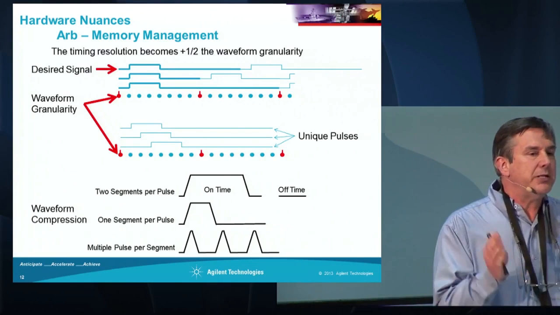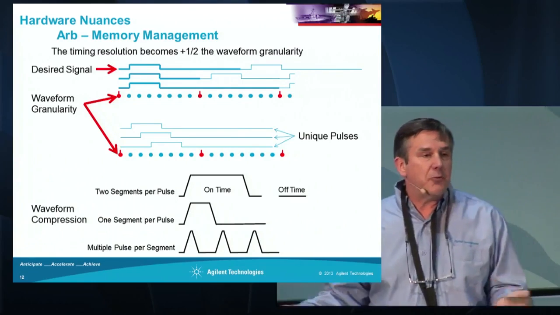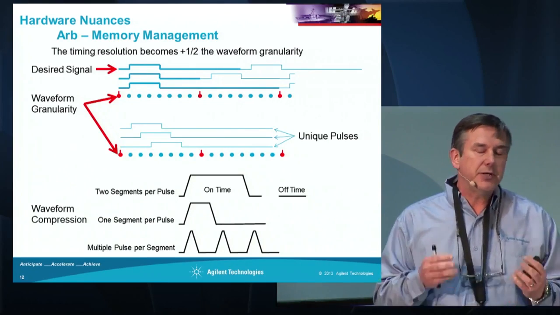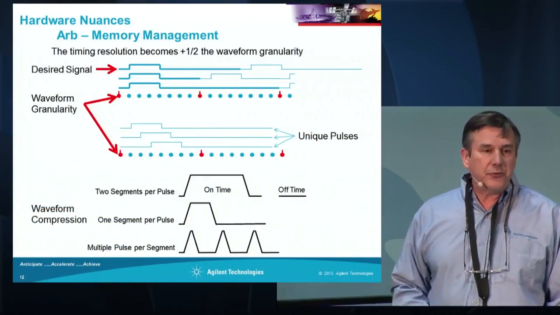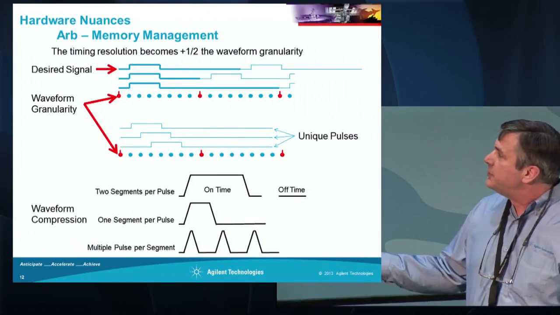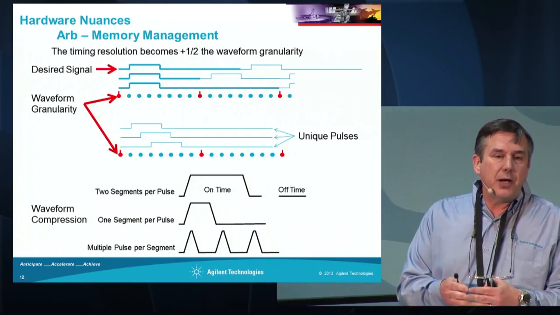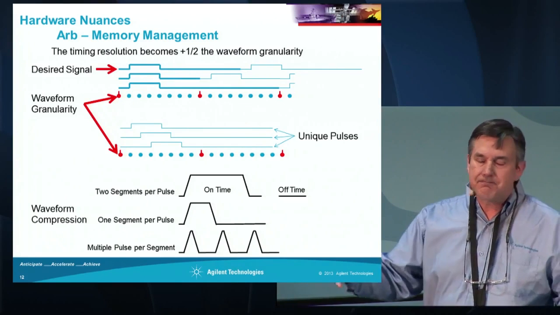It's written to the memory in blocks. In the case of our very wideband arbitrary waveform generator, you write it within blocks of 48. So your waveform has to be multiples of 48 samples, or else you run into some issues at the end of the waveform. Our software tools, once again, account for that and do the alignment by segmenting the pulses in such a way that they always end up as multiples of 48.